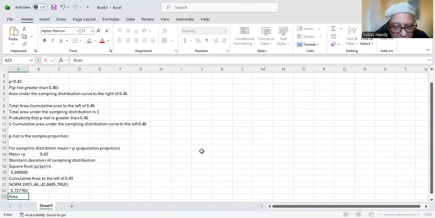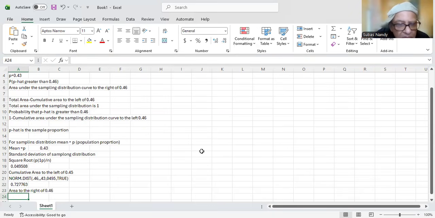So area to the right of 0.46 is then equal to 1, the cumulative area, total area. 1 minus the cumulative area, relative area.